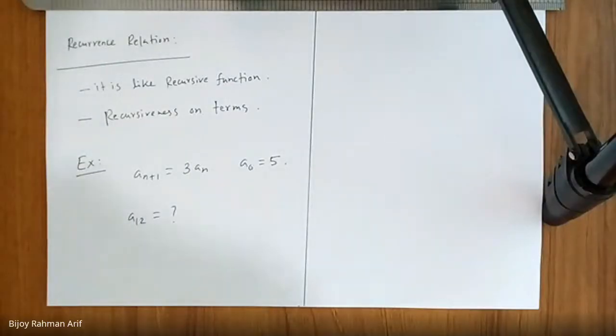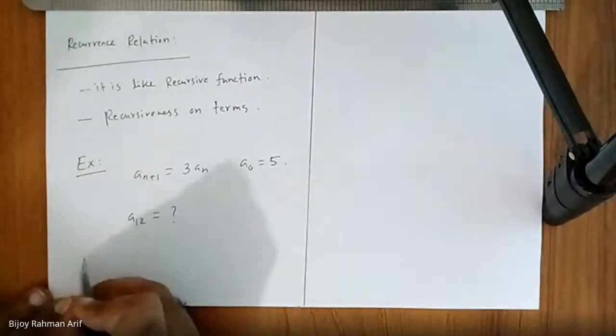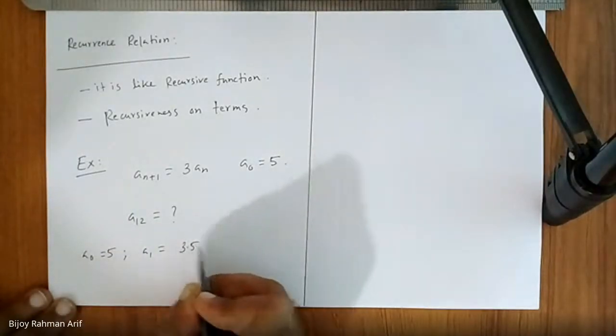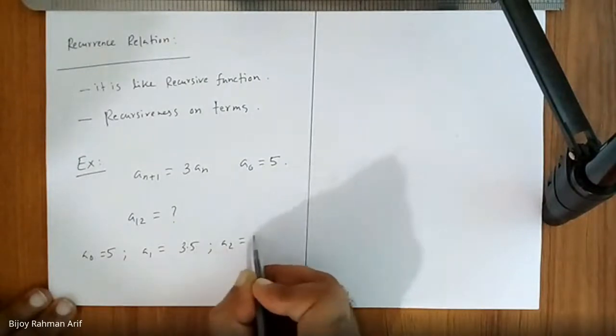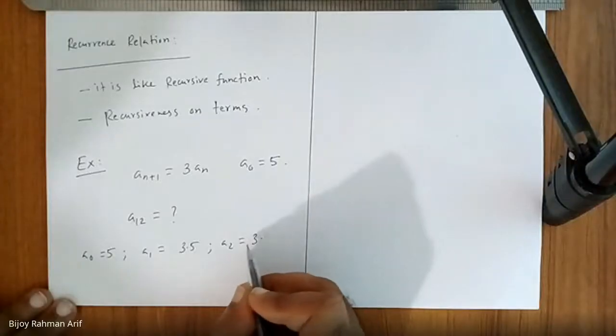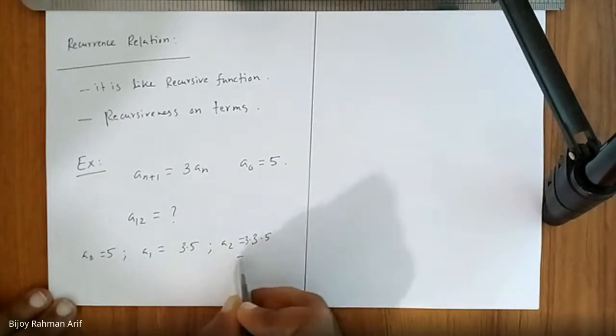Sir, we have to go one by one, like 3 times. a0 = 5, a1 = 3 into 5, a2 = 3 into 3 into 5. So it is nothing but 3 square into 5. a3 = 3 cube into 5.